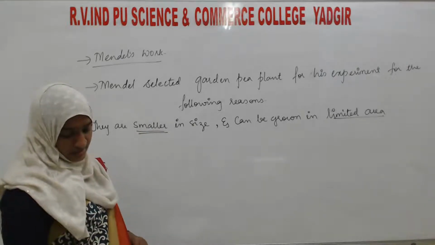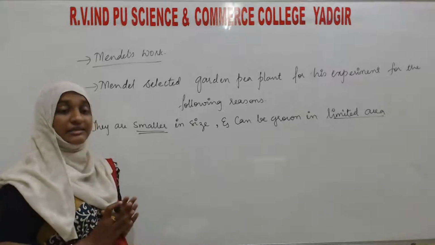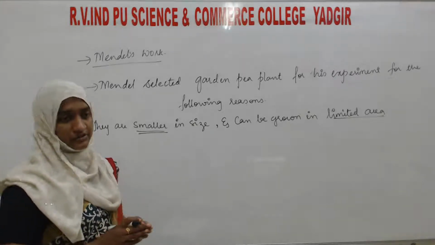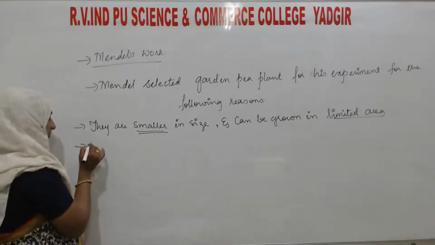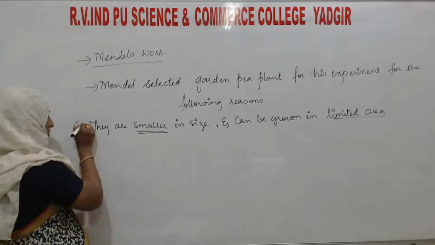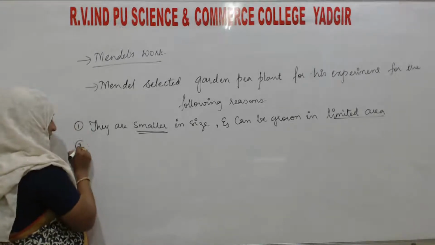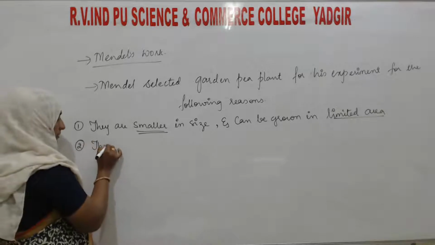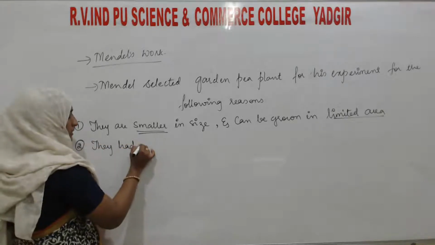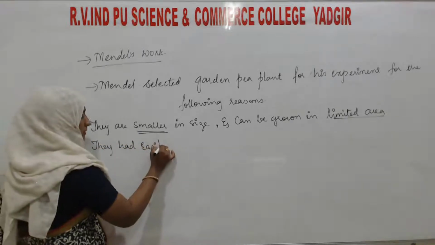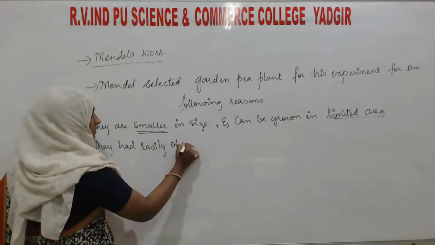Second reason here: they had easily observable features or characters. This is the first reason, and this is the second reason.